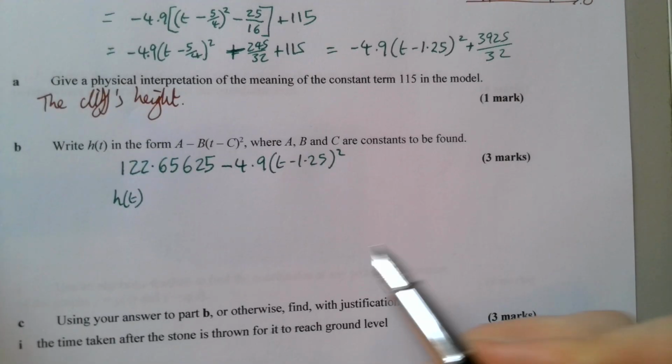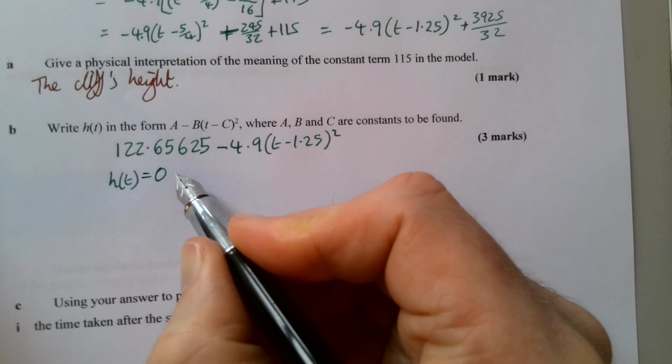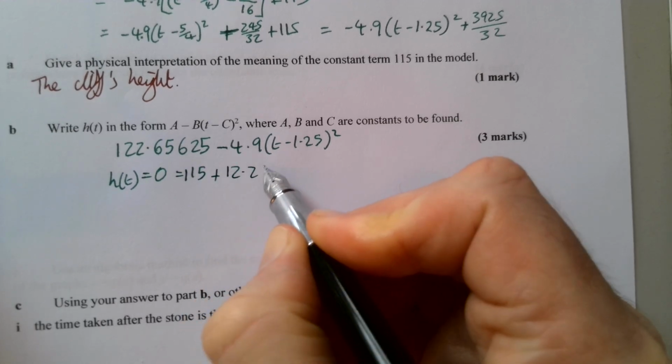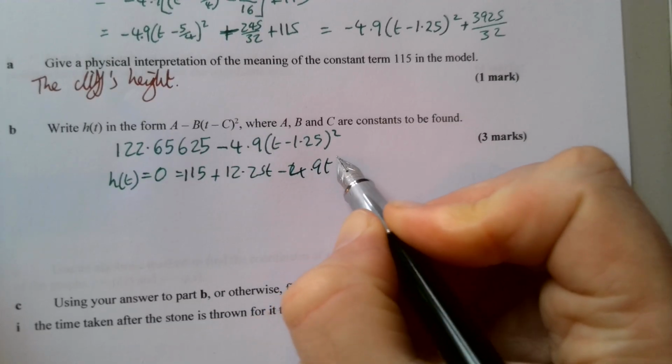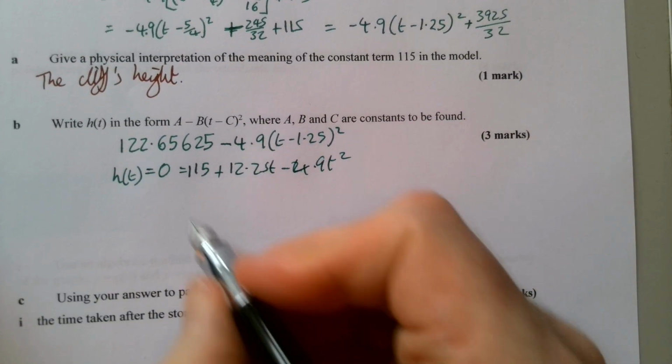That was ground level. So we're looking for 0 equaling 115 plus 12.25t minus 4.9t squared.